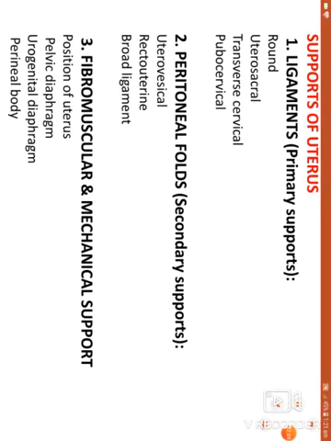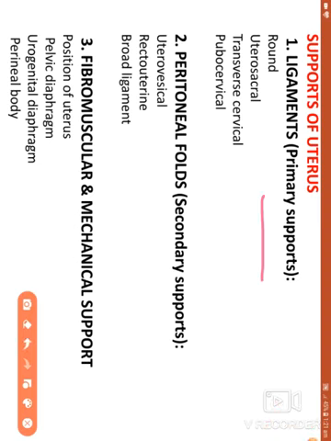The supports of the uterus are important. The primary supports include fibromuscular structures made up of fibers and muscles. Those are the round ligament, uterosacral ligament, transverse cervical and pubocervical ligaments. Then the muscles are the pelvic diaphragm, urogenital diaphragm and perineal body, a fibromuscular nodular structure where 10 muscles converge.